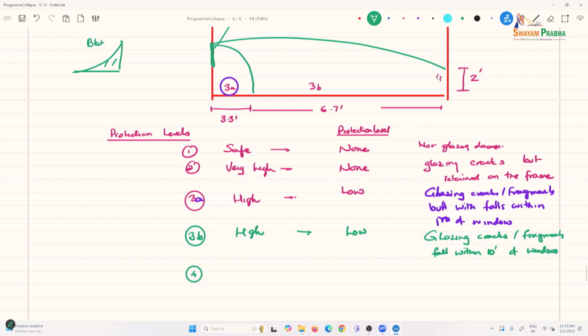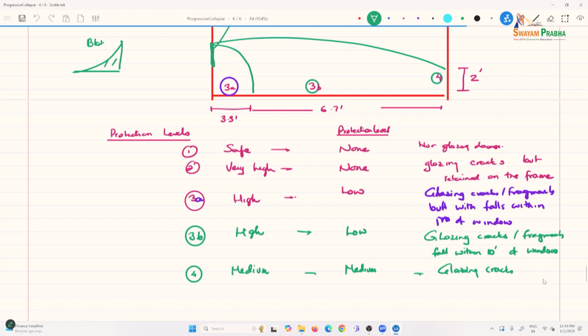Fourth, these are all protection levels. Medium, the protection level is medium. Now glazing cracks but falls. So this is 3, I should say 4.